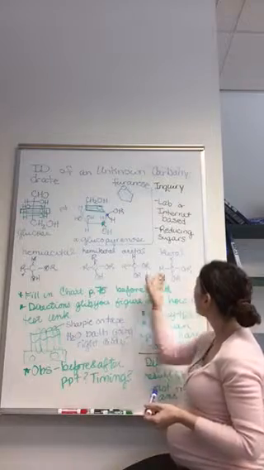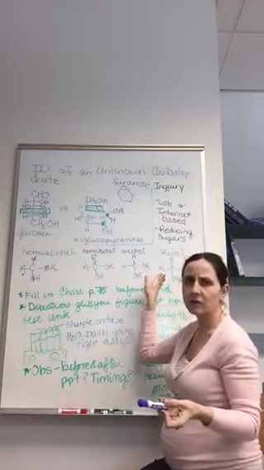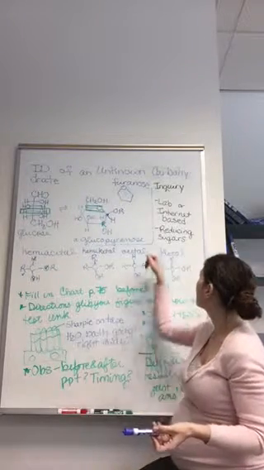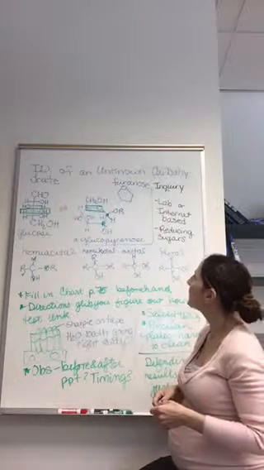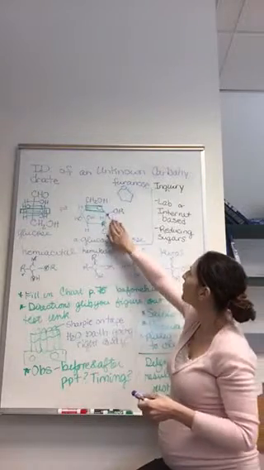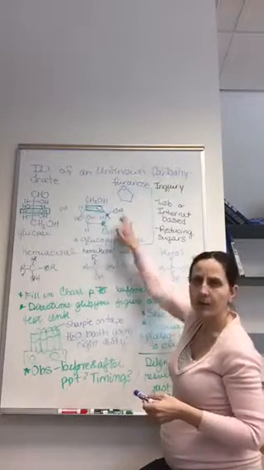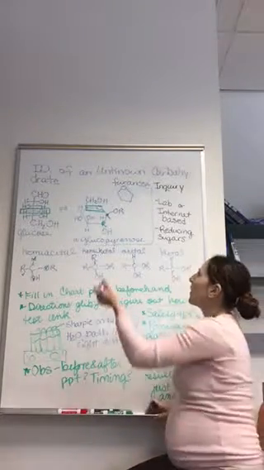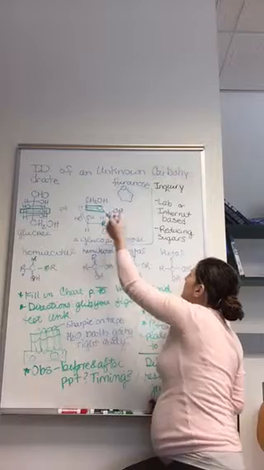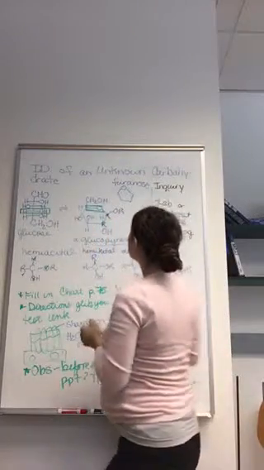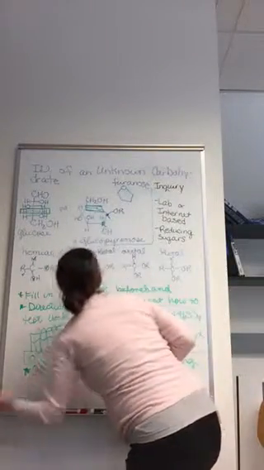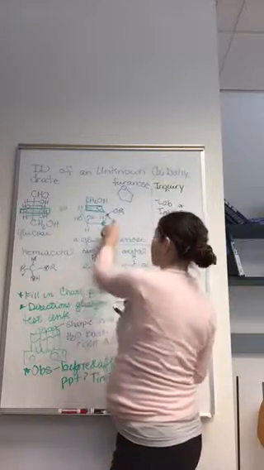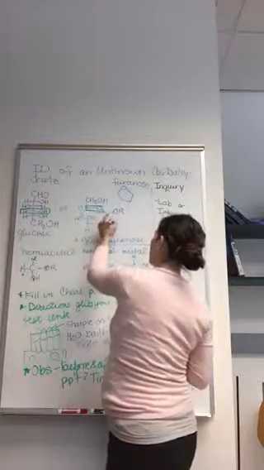And last but not least, oftentimes when we're just looking at common structures that we have in our bodies or that we like to eat, we won't see ketals very often, but that would be if we have an OR up here, an OR and an OR, and then 2 R groups. So we have OR, another OR, and then instead of this being an H, it would be another R group.